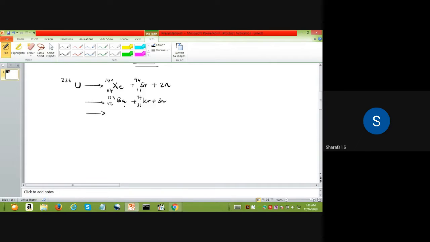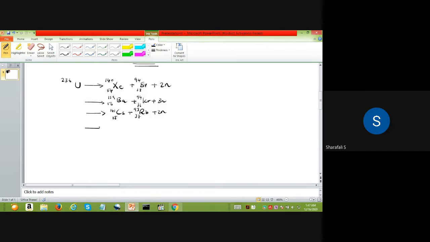And then we have cesium plus rubidium plus 2n, and this cesium has 141 as mass number and 55 as atomic number. Rubidium has 93 and 37.